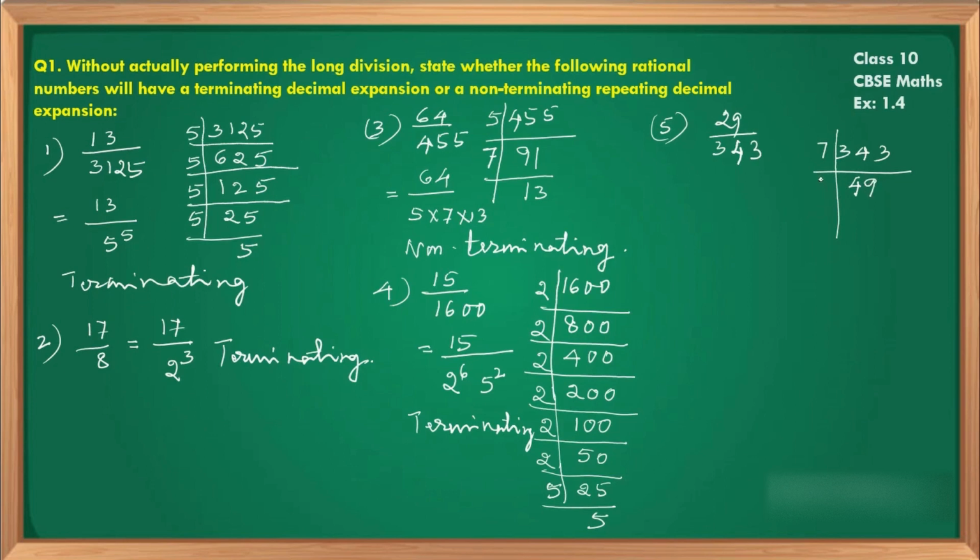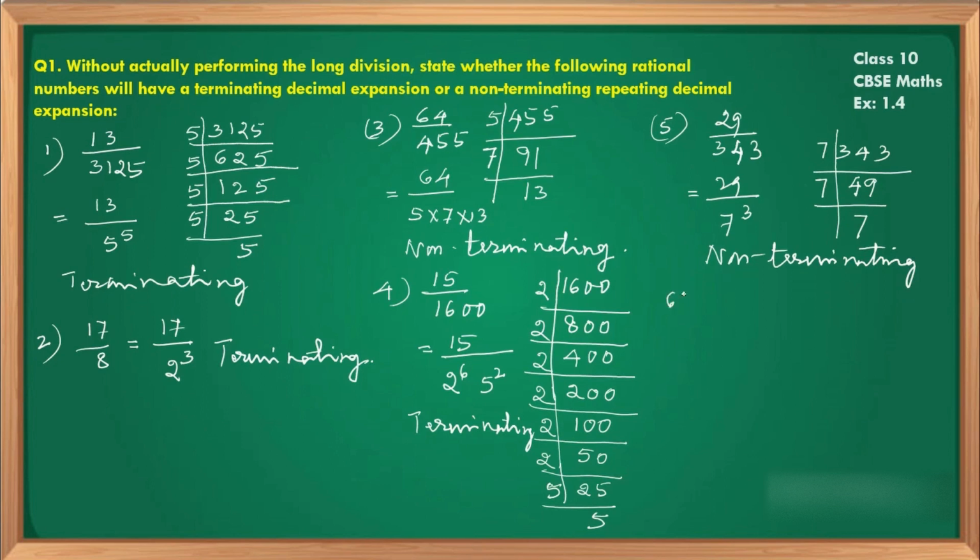It can be divided by 7 again. 7 sevens are 49. So the given number can be written as 29 divided by 7 cube. As we don't have 2 and 5 in the denominator, this is non-terminating.